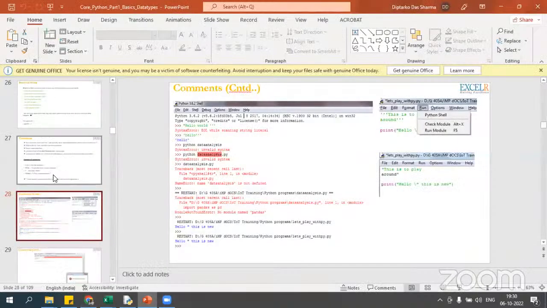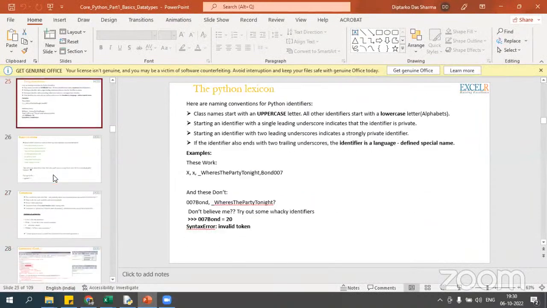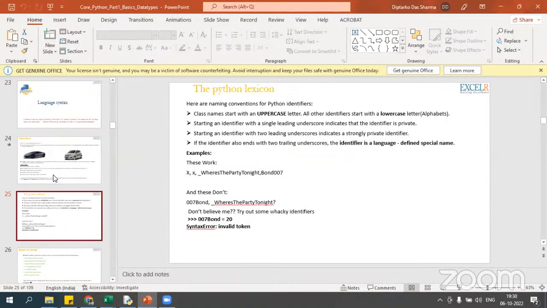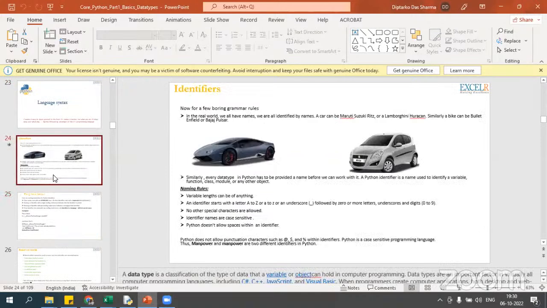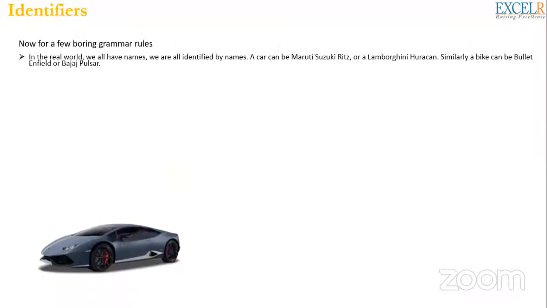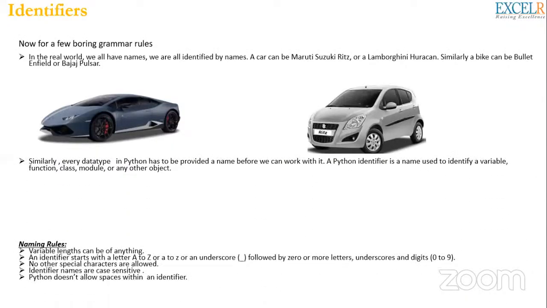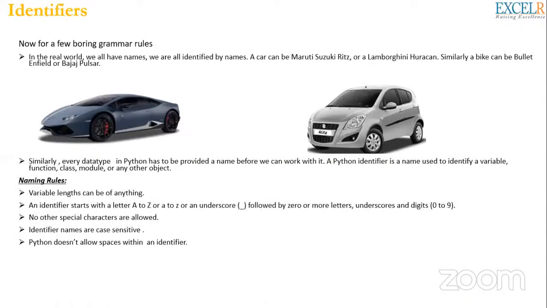Okay. Now, coming back to the topic for today. We had stopped at the basic do's and don'ts, the basic grammar that Python gives you. It tells you that variable lengths can be anything. An identifier must start with capital A to capital Z, small a to small z, or an underscore, followed by zero or more letters.